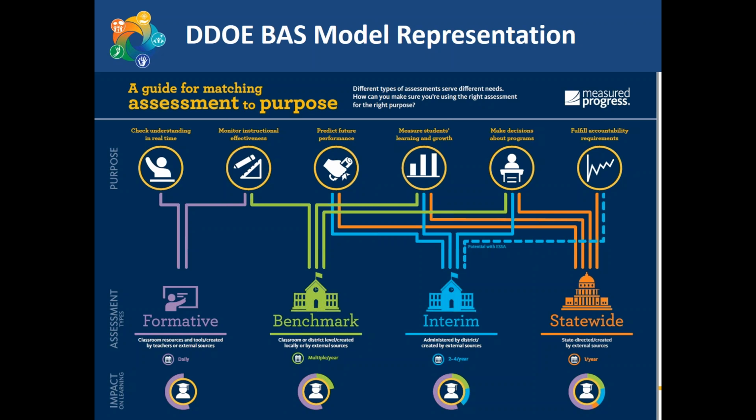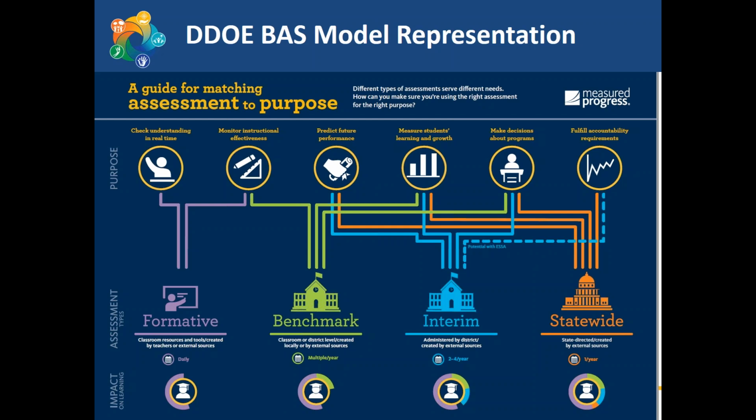Interim assessments, shown in blue, are typically given by the school district 2 to 3 times a year. Interim assessments predict future performance, measure student learning and growth, and help make decisions about programs. The last item shown in orange is statewide assessments that are only given once a year, and though used at the school and district level, are primarily for stakeholders at the state level.